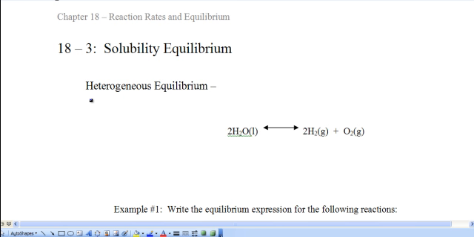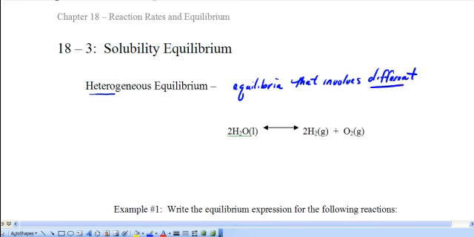All right? But the first thing we want to talk about is what's called heterogeneous equilibrium. The prefix hetero means different. So a heterogeneous equilibrium is going to be equilibria, of course, equilibria is plural for equilibrium, that involves different states of matter.